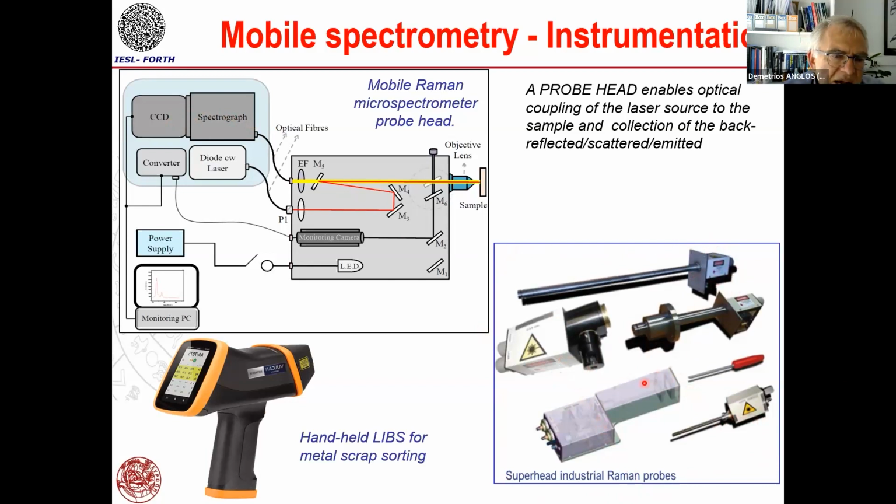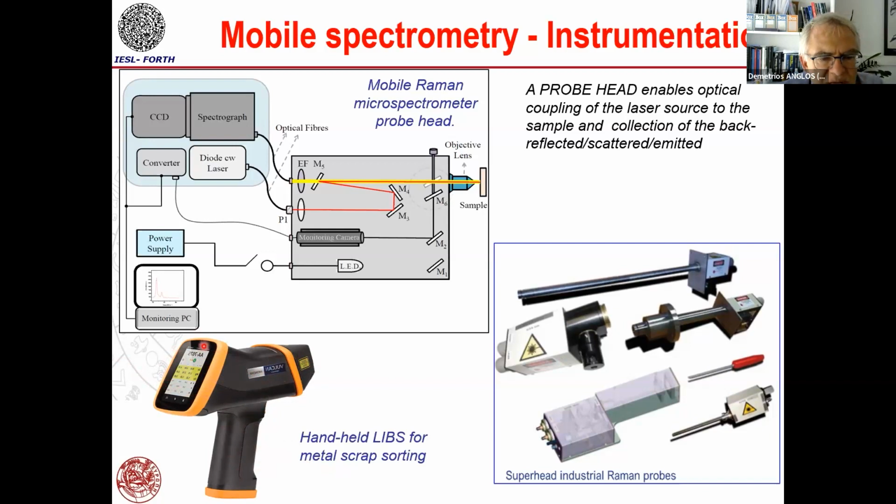A slightly different concept, which is a commercial instrument, is the handheld instrument, which again is a probe which is handheld. In this particular case, it's a LIBS probe, which is used for metal scrap sorting.